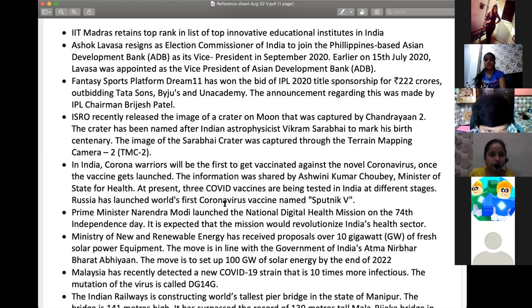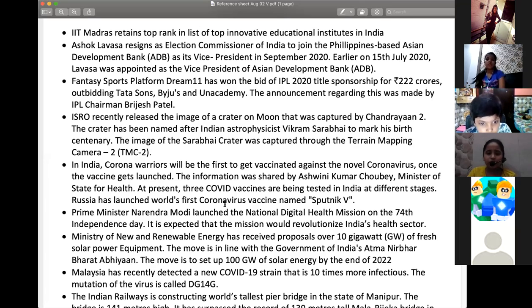In India, coronavirus warriors will be the first to get vaccinated against the novel coronavirus once the vaccine gets launched. The information was shared by Ashwini Kumar Choubey, Minister of State for Health.